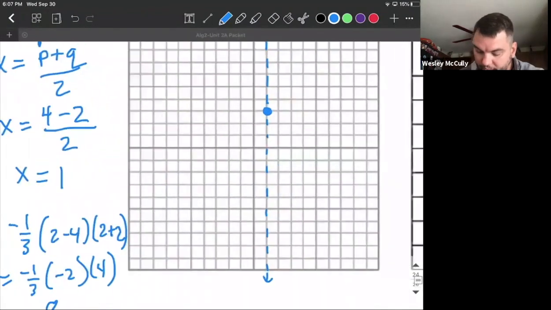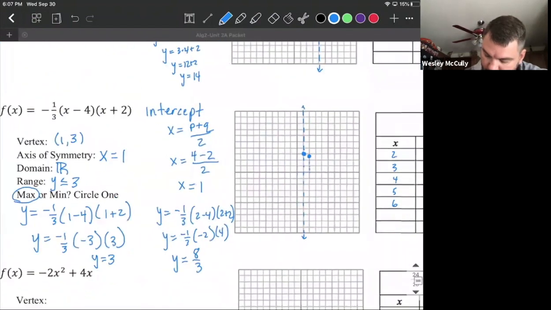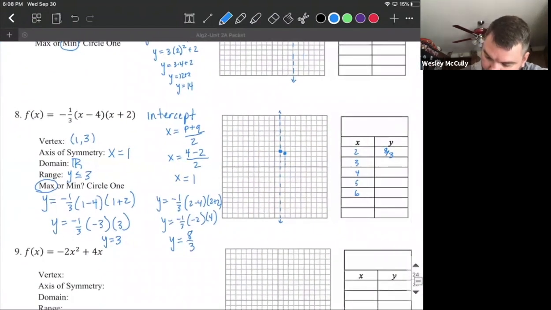Now to graph that, I will go 1, 2, and then from here I'm going to count up by thirds. 1, 2, 3, 4, 5, 6, 7, 8. Okay, so when I count by thirds, you can see that I'm cutting each square in thirds. Okay, now I can plug in 3. So I get 3 minus 4 and 3 plus 2, which gives me -1 and 5.